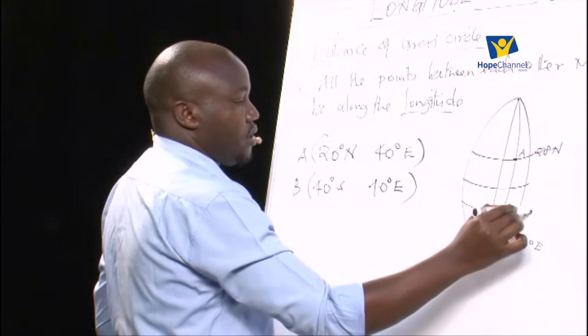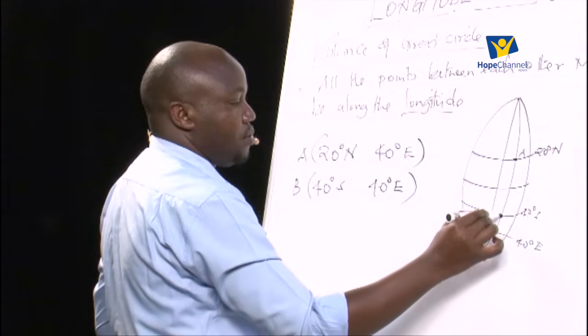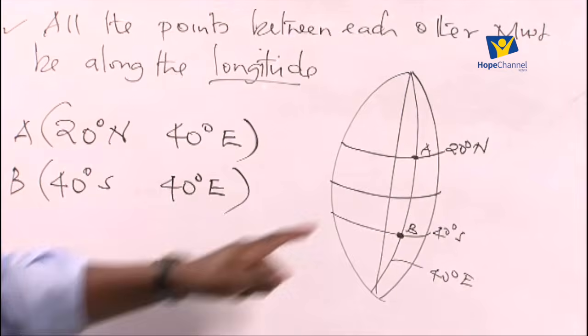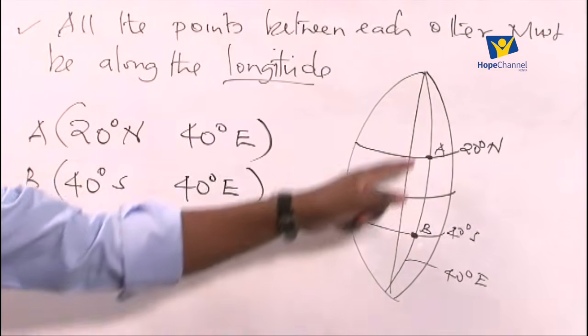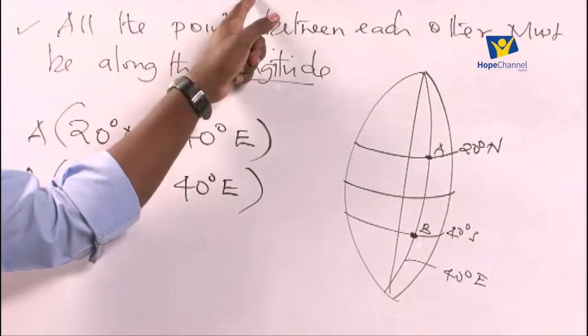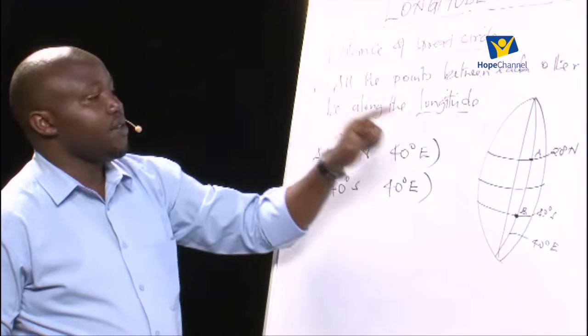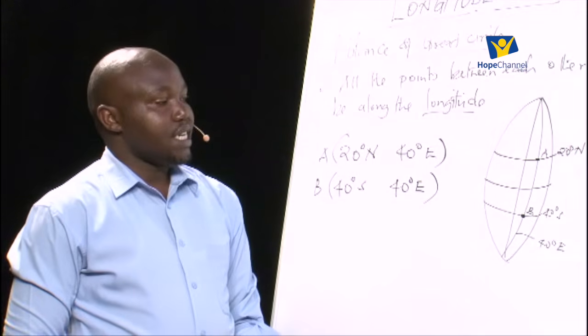This is 40 degrees south, and 40 east, so the same longitude. So that is the point B. So you realize that A and B, all of them are along the longitude, and therefore they are on a great circle. So all the points, if they fall along the longitude, are considered as a great circle.